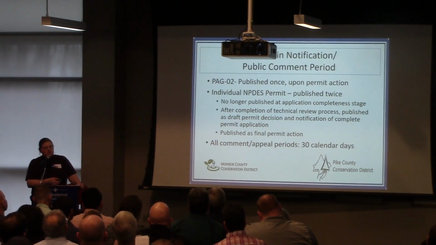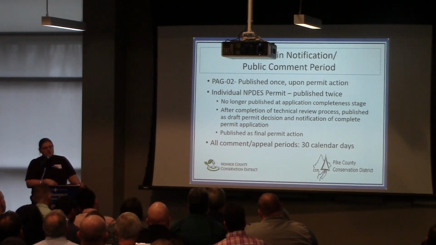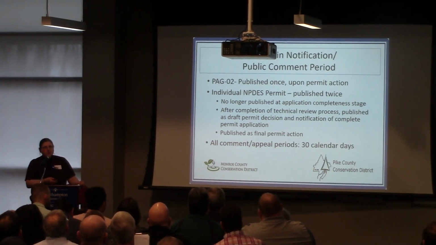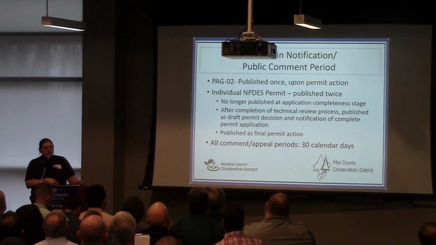Another change that you might not be aware of is with the individual permit public comment period. It hasn't changed for the general permit. It's published once at the end upon the permit action. For the individual permits, it's still published twice, but it'll no longer be published after the application completeness stage. It'll be published at the end of the technical review process as a draft permit decision.